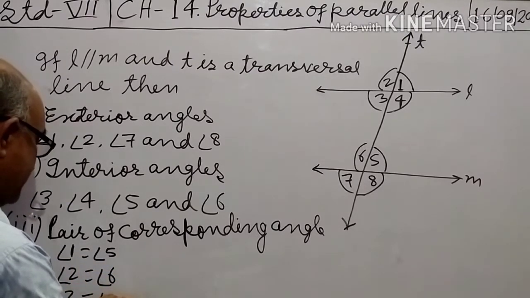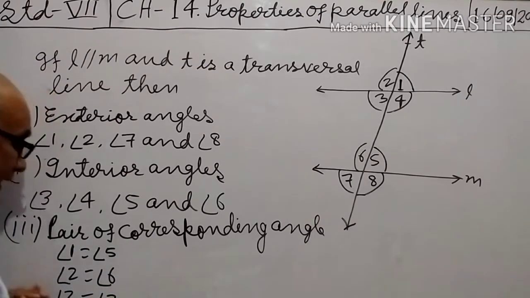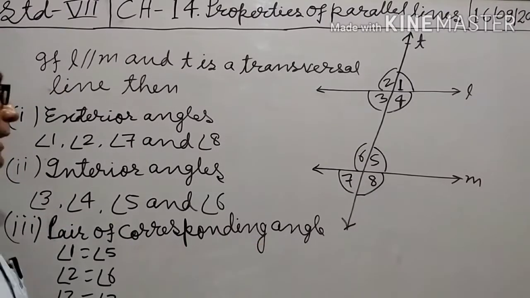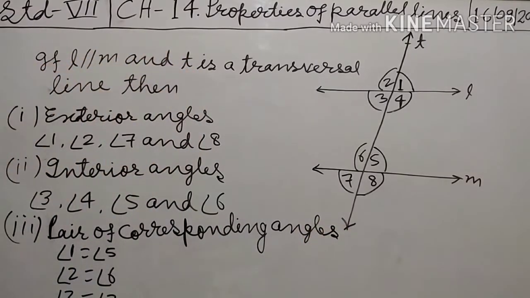These are the examples of pairs of corresponding angles. Understand and write it.